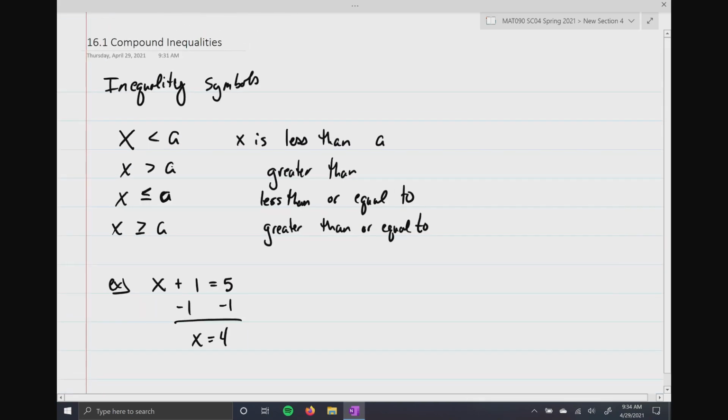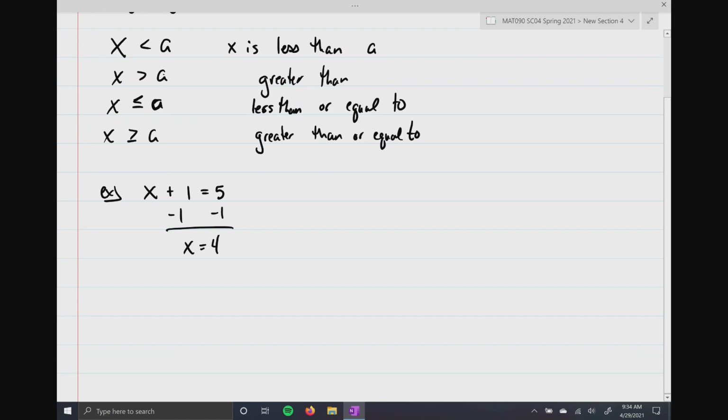And I would agree 100%. Then I said, okay, why don't you do me a favor? Why don't you graph that on a number line? Well, if I wanted you to graph it on a number line, you would just put a solid dot at 4, and that's it. Okay?